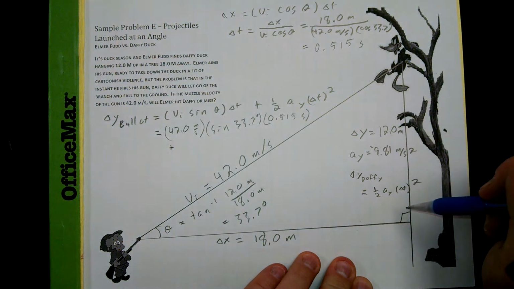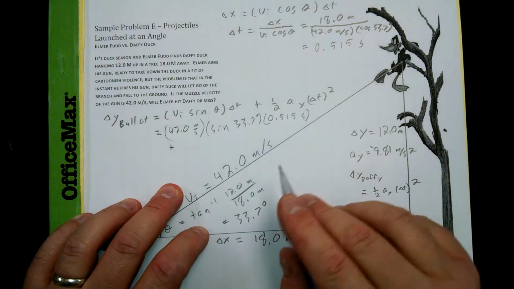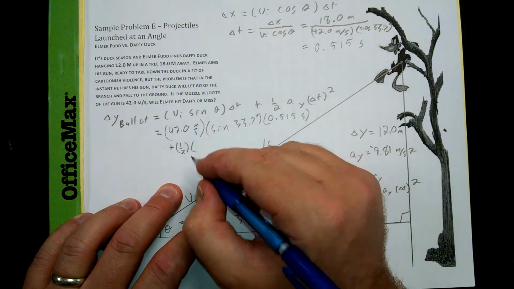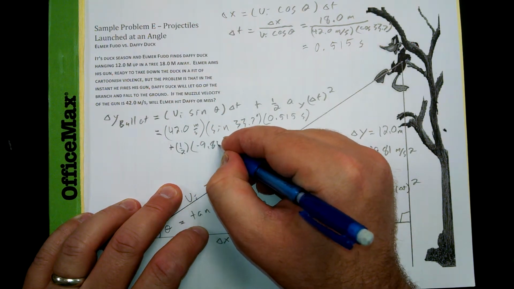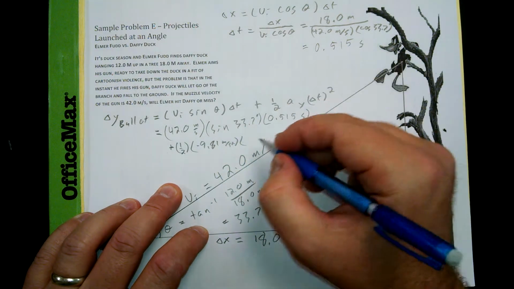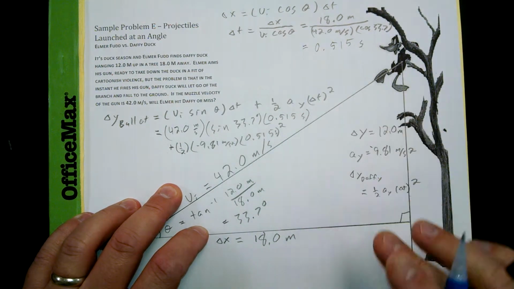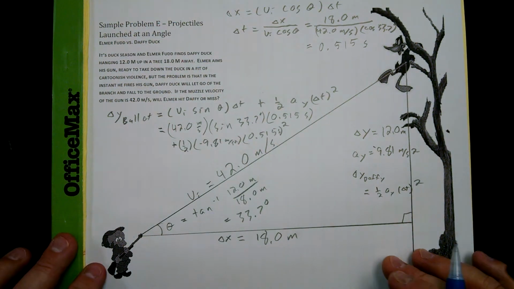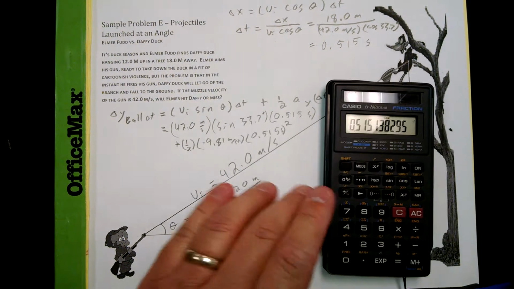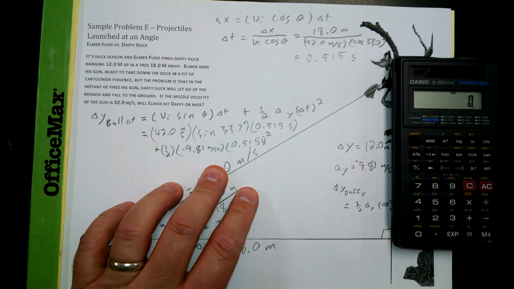Remember, you're dropping. Acceleration due to gravity is going to be a negative value. So let's go ahead and plug the rest of that in. That's going to be 1/2, I like using parentheses, times negative 9.81 meters per second squared, multiplied by my time, 0.515 seconds squared. Okay, I'm kind of running out of room there, but you know that I like to get all the values into the problem first, then just plug everything into the calculator.